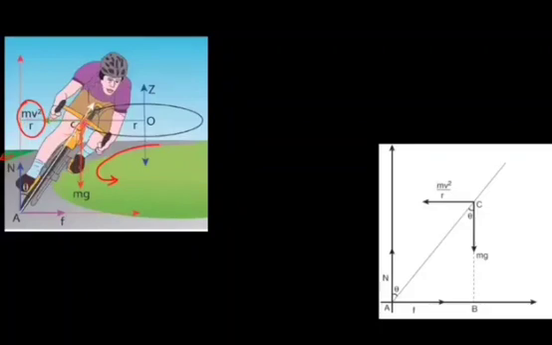Both the forces are acting in opposite directions. If the centrifugal force and gravitational force are equal and opposite, then the cyclist will be stable on the rotational path.